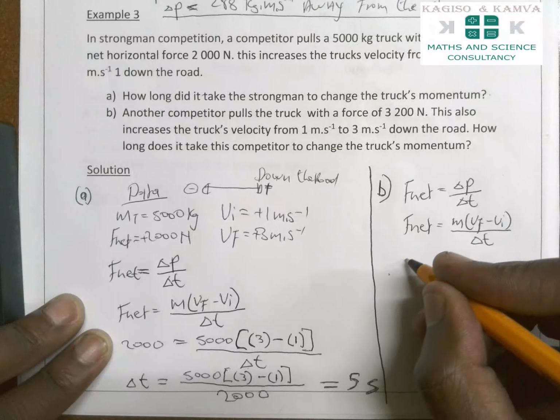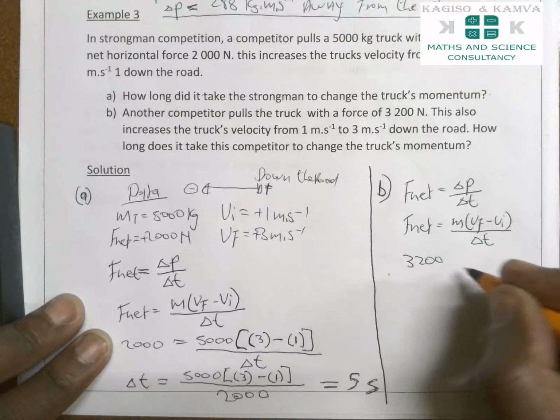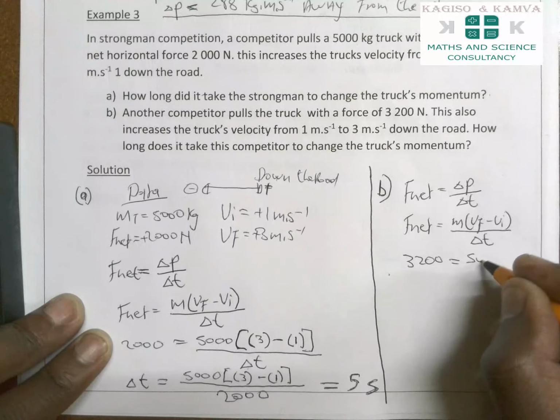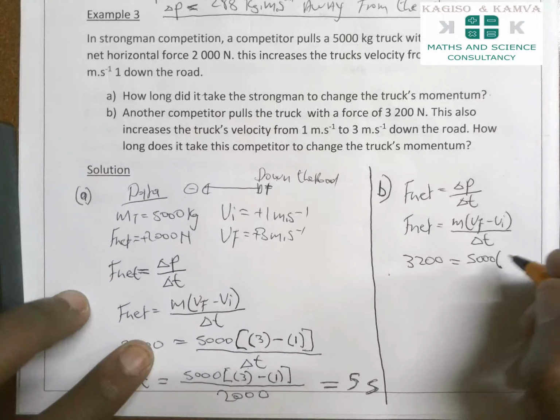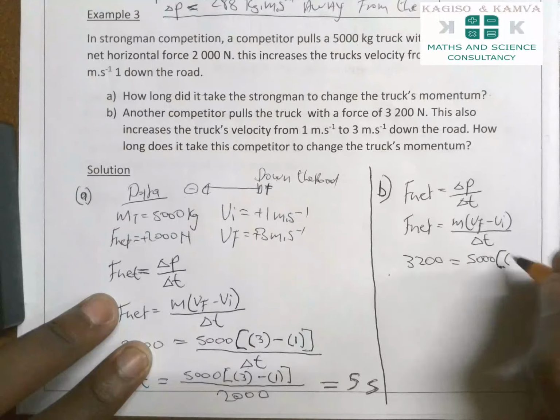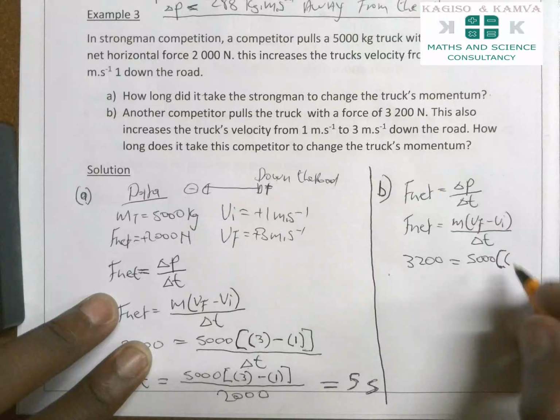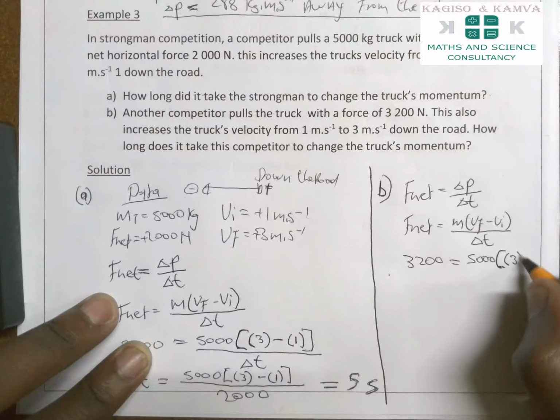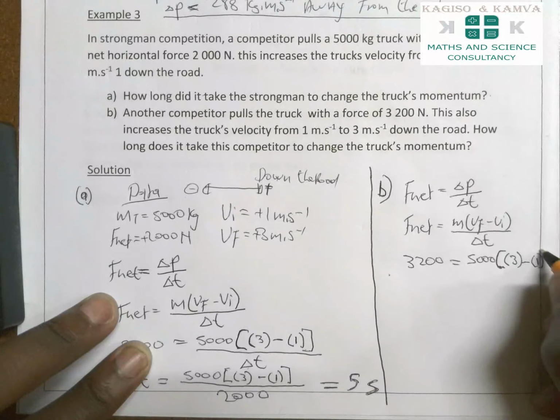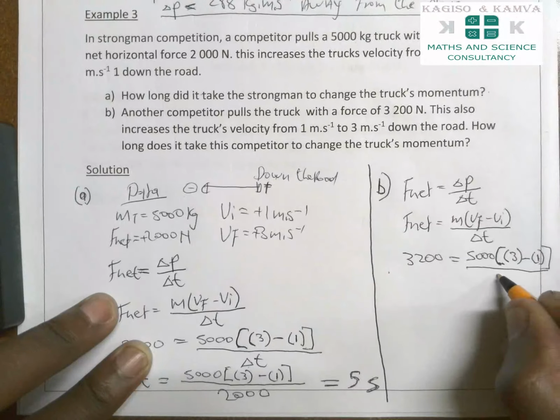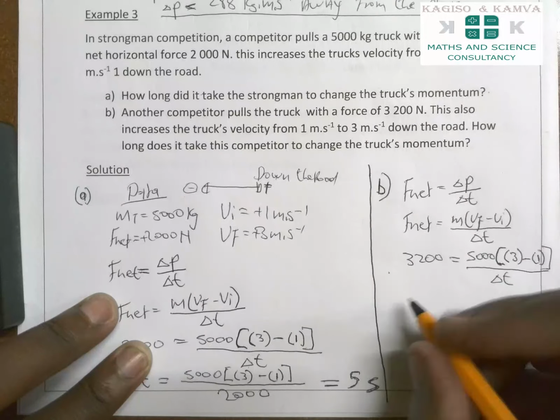Now the force is 3,200. The mass is still the same because it is still the same truck. Also, recall the velocities are still the same: 3 minus 1, all over the change in time. We cross multiply.